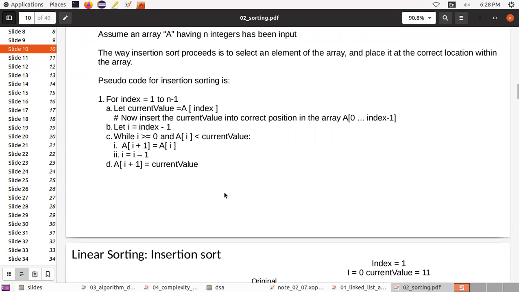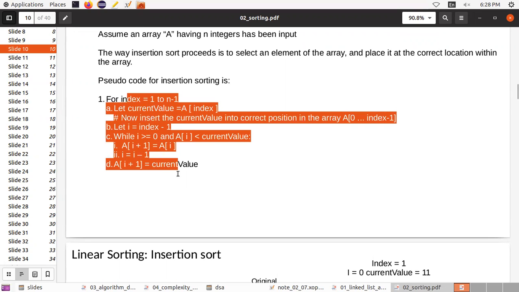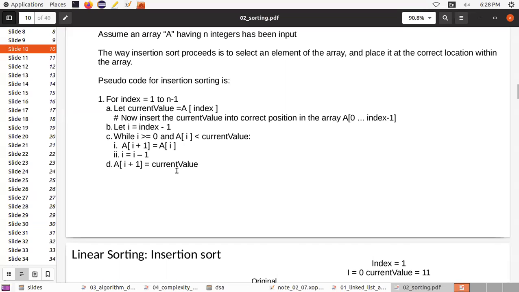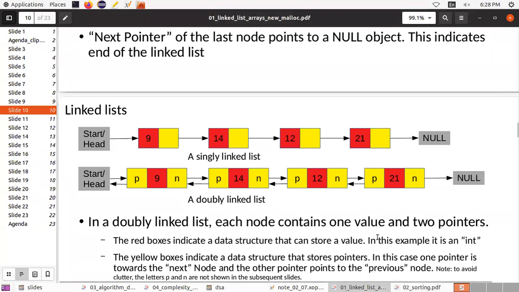So the answer is technically yes, you can implement an insertion sort even if the array is in a linked list. Because if you want to access a particular element, you can go through every element in sequence, access that element and get its value out. But in practice, random access to any element in a linked list takes order of n.